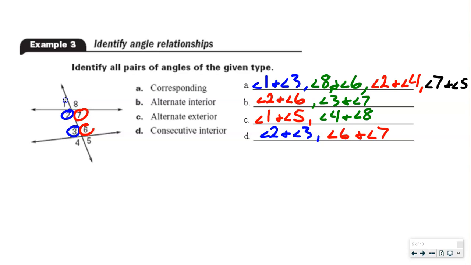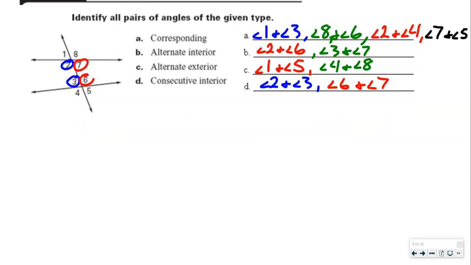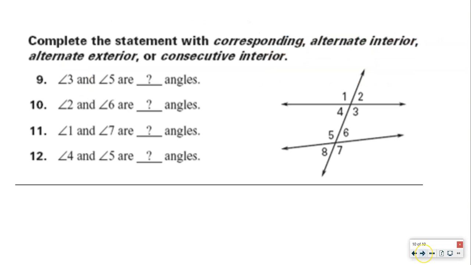Your consecutive interior angles. And then we need to complete the statement with corresponding, alternate interior, alternate exterior, or consecutive interior angles. So we're going to name what type of angles they are. So go ahead and pause, see if you can do these 4 on your own, and then unpause for the answers.